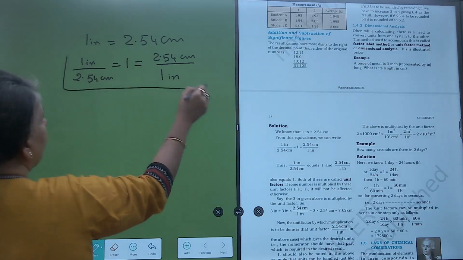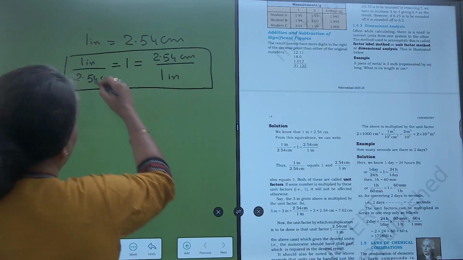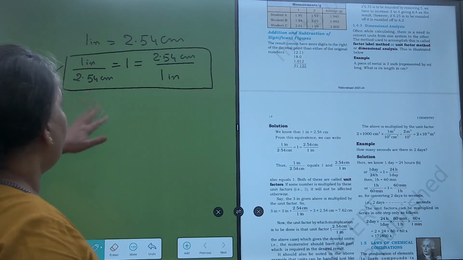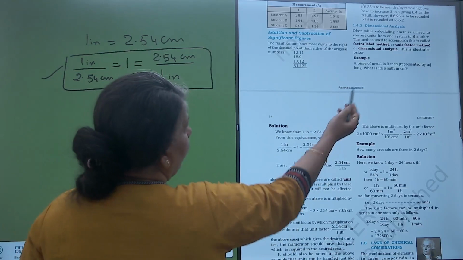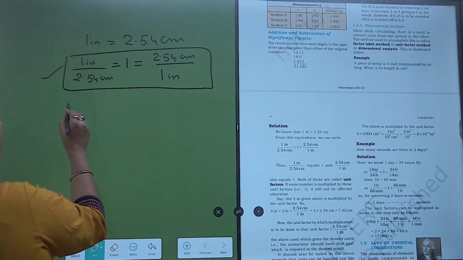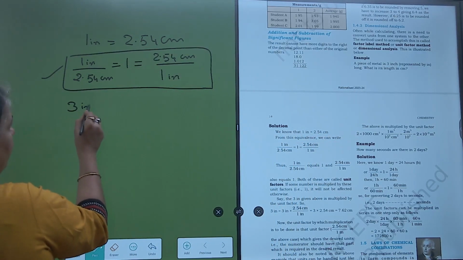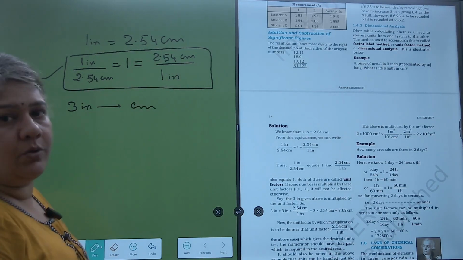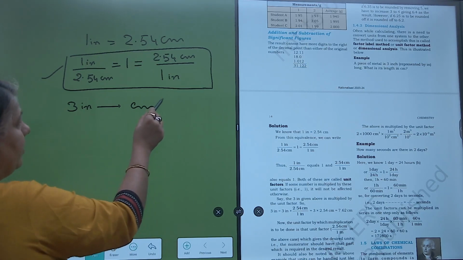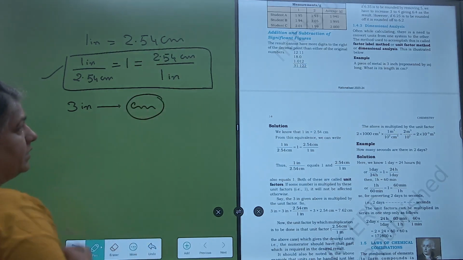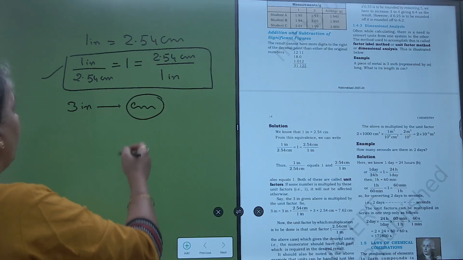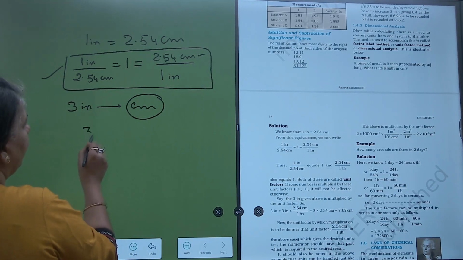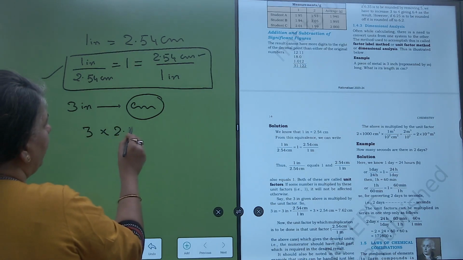If you write in this form, it is called a unit factor. Again, now we have to convert 3 inches into centimeter. Now which conversion factor will you select? We have to report our answer in centimeters, so the numerator should have centimeter. So multiply 3 by 2.54.